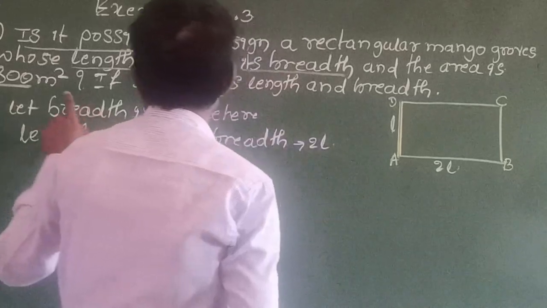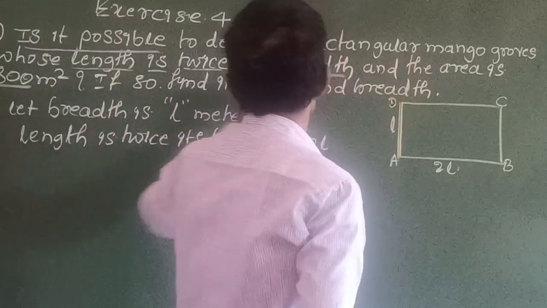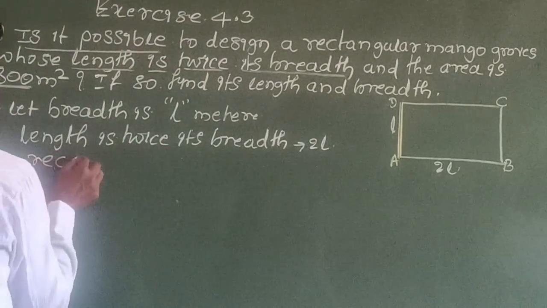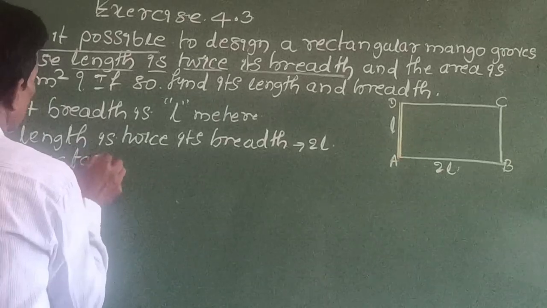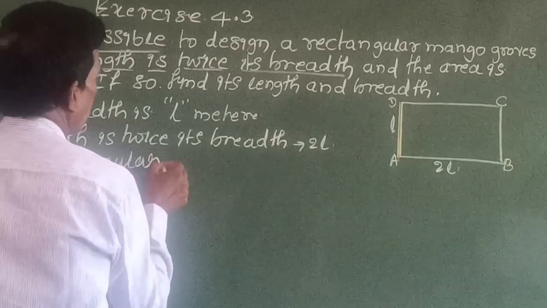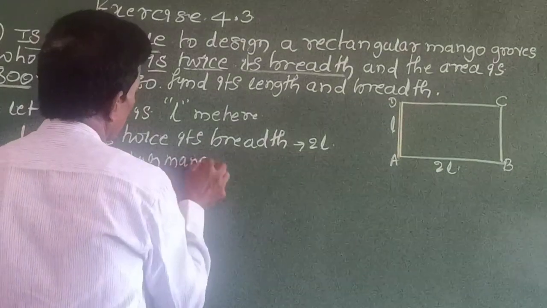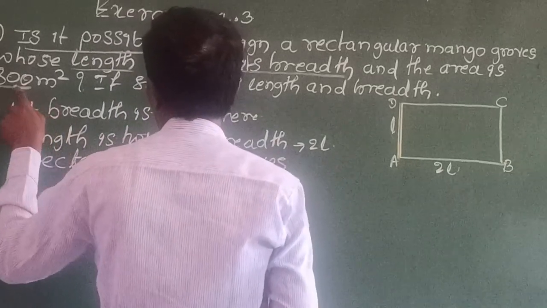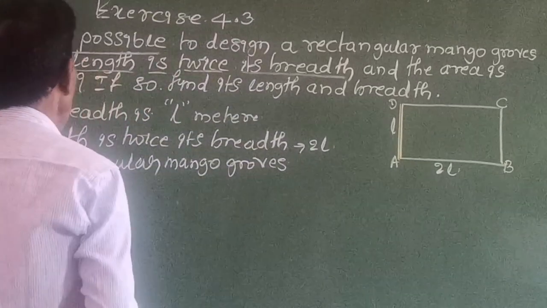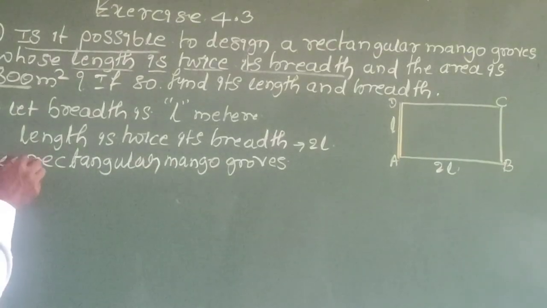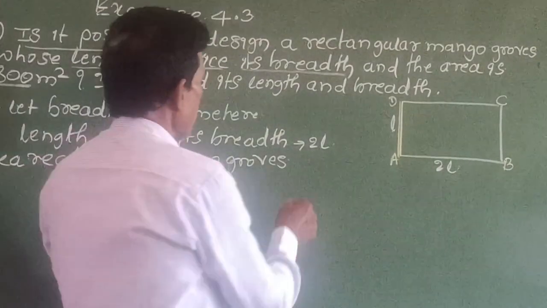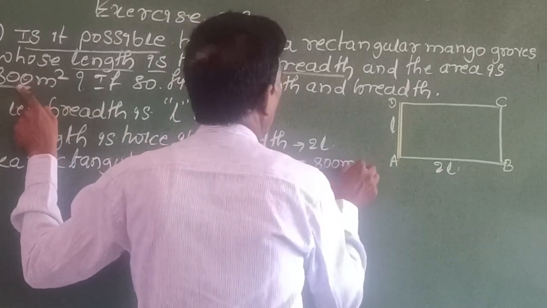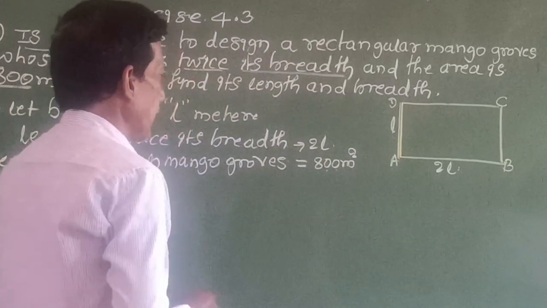And the area of the rectangular mango grove is given as 800 square meters.